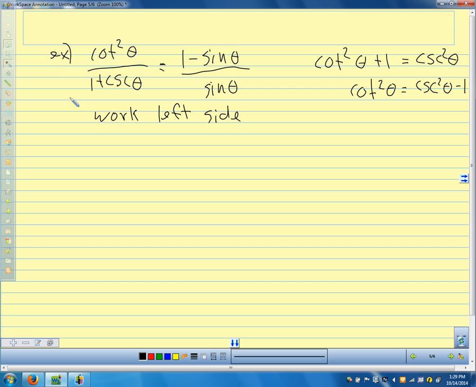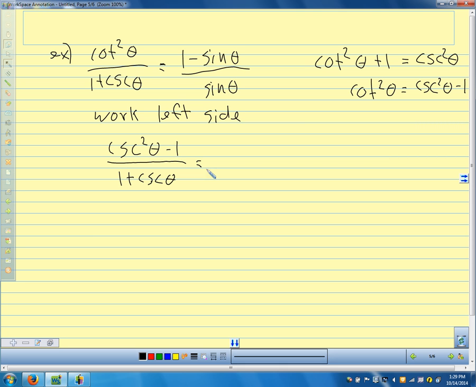So let's rewrite this. So we have cosecant squared theta minus 1 over 1 plus cosecant theta. What can we do with that cosecant squared theta minus 1? What is it? Factor, we can factor it.